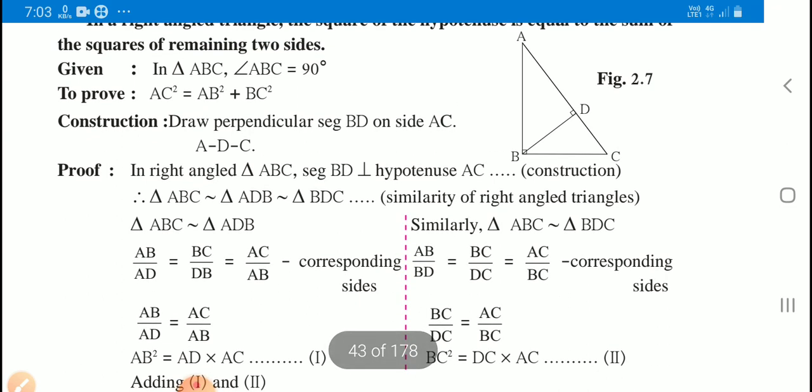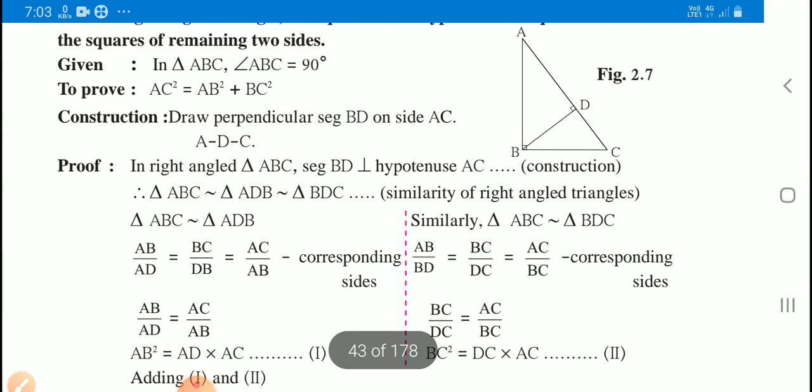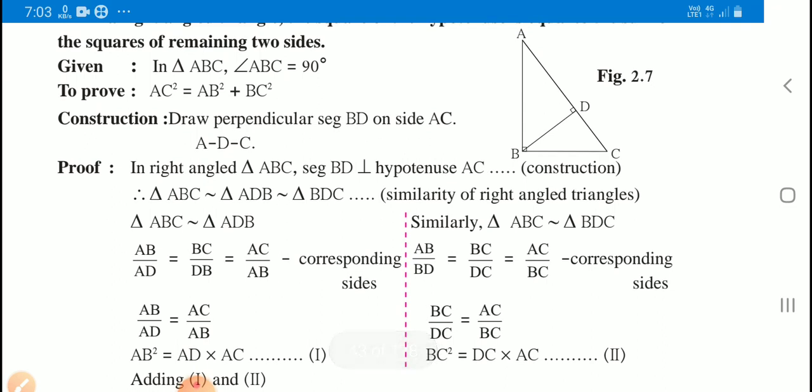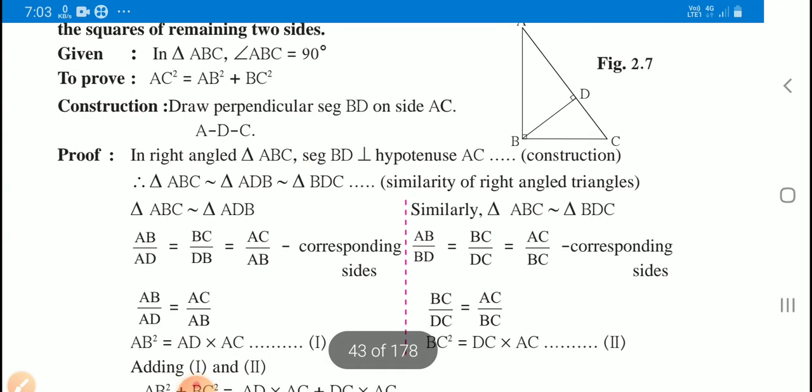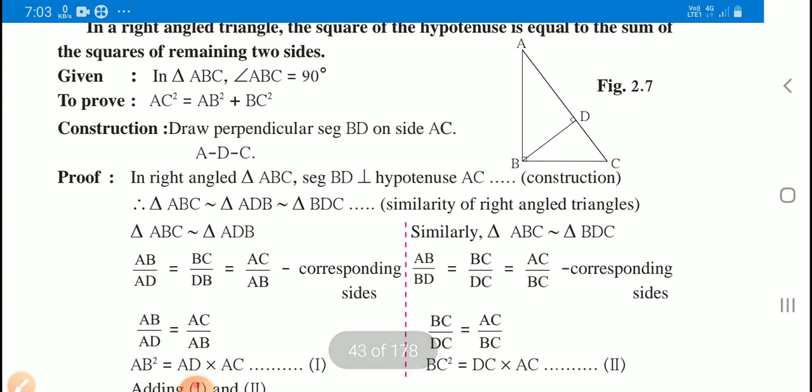For that we did the construction, that is, draw perpendicular segment BD on side AC such that A-D-C. Now proof: in right angle triangle ABC, BD is perpendicular to hypotenuse AC by construction. Now by similarity of right angle triangles, triangle ABC is similar to triangle ADB is similar to triangle BDC. That property we had seen just now.